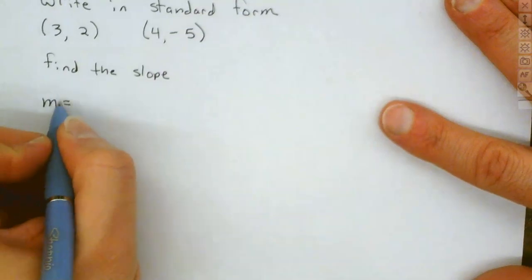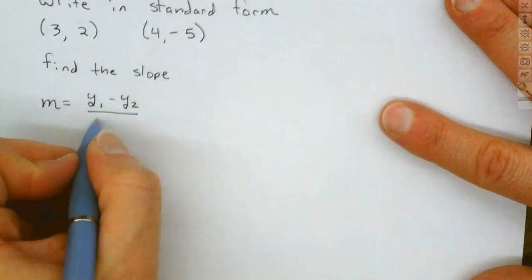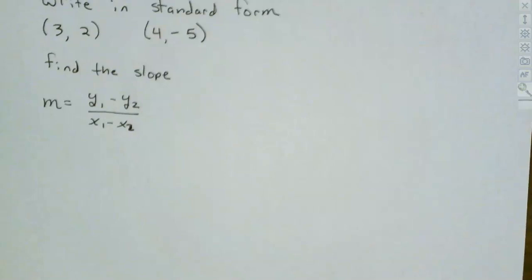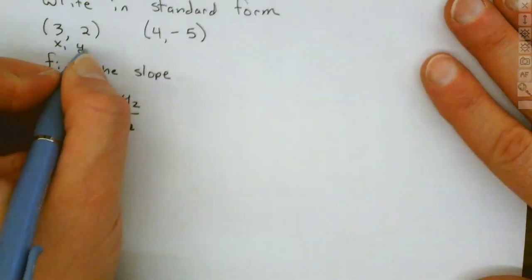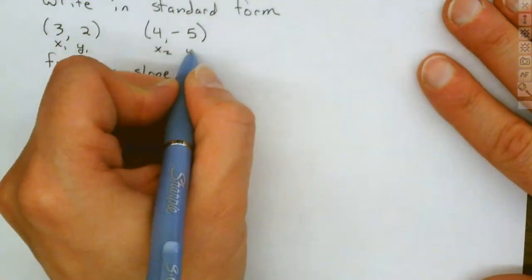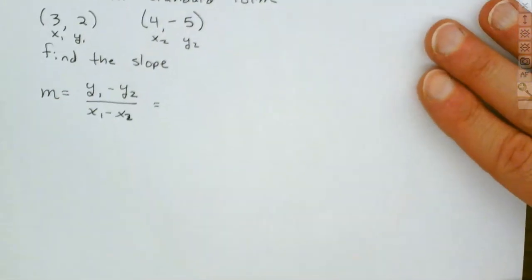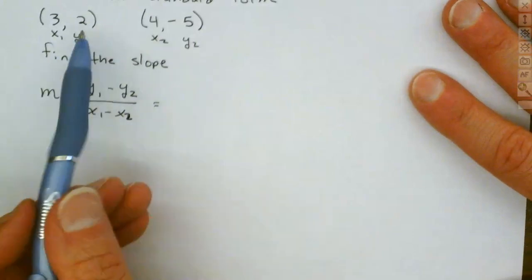And m equals y1 minus y2 over x1 minus x2 here. So that's what we're going to be looking at. And label your ordered pairs x1, y1, x2, y2. Plug the values in. Watch out for double negatives, so be very careful with those. The y always goes first.